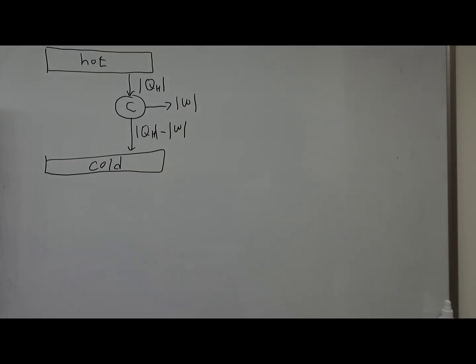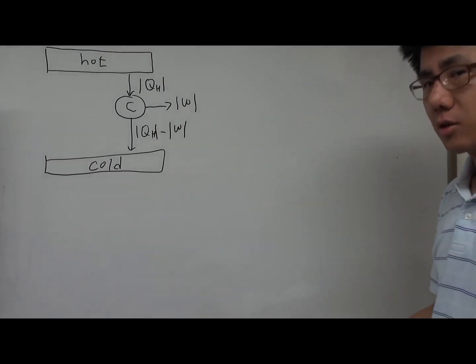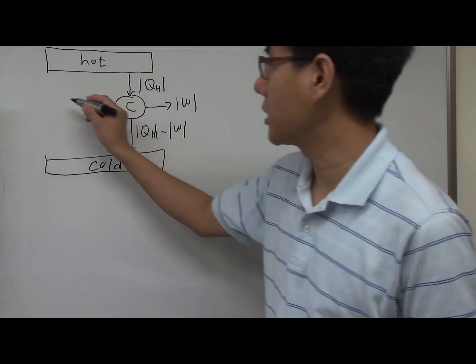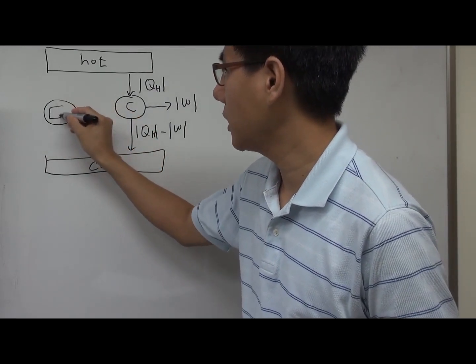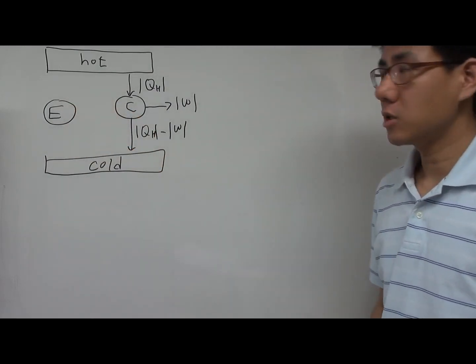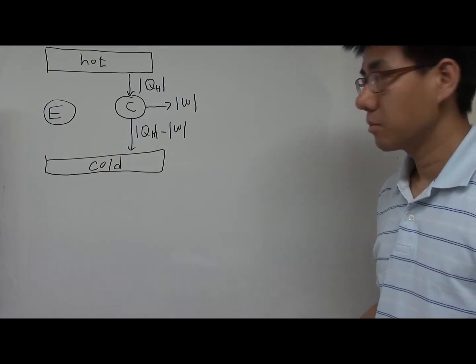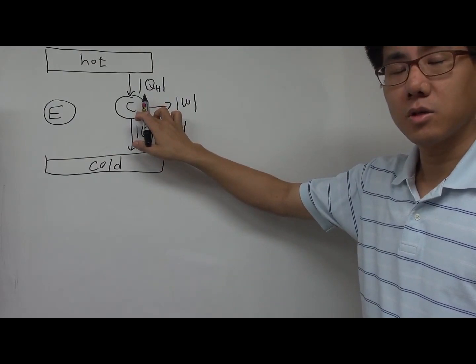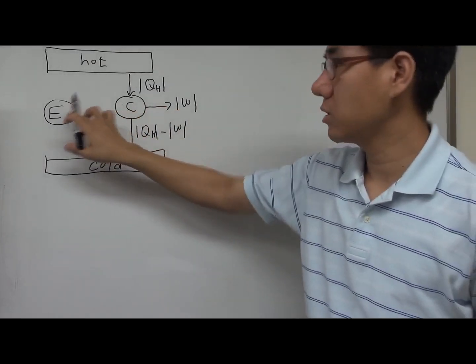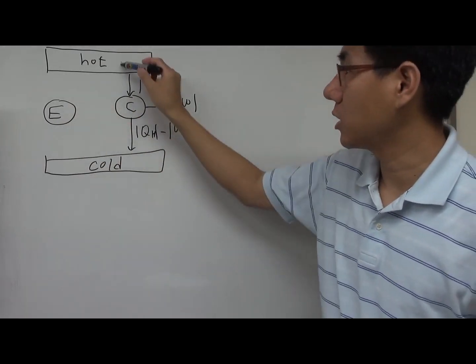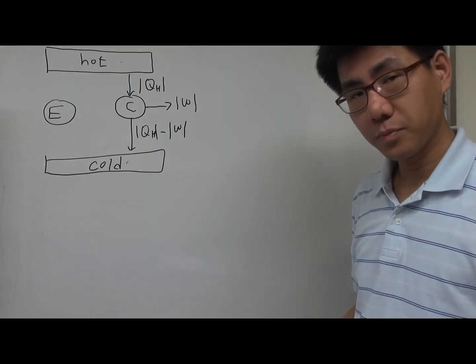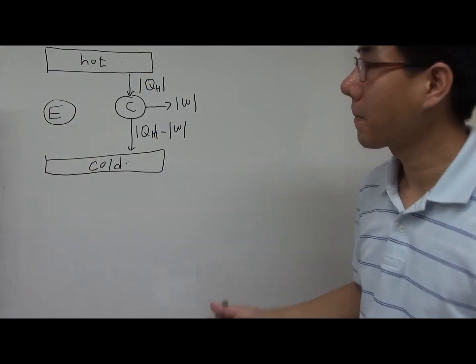And let's assume that there is another engine called E, which is also a reversible engine, but the substance is not a perfect gas. This is just a reversible engine between these two reservoirs. We just assume it.